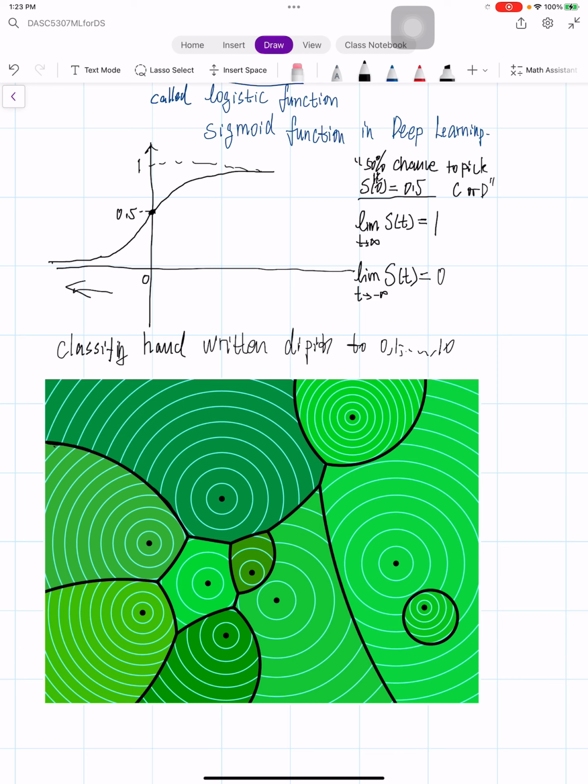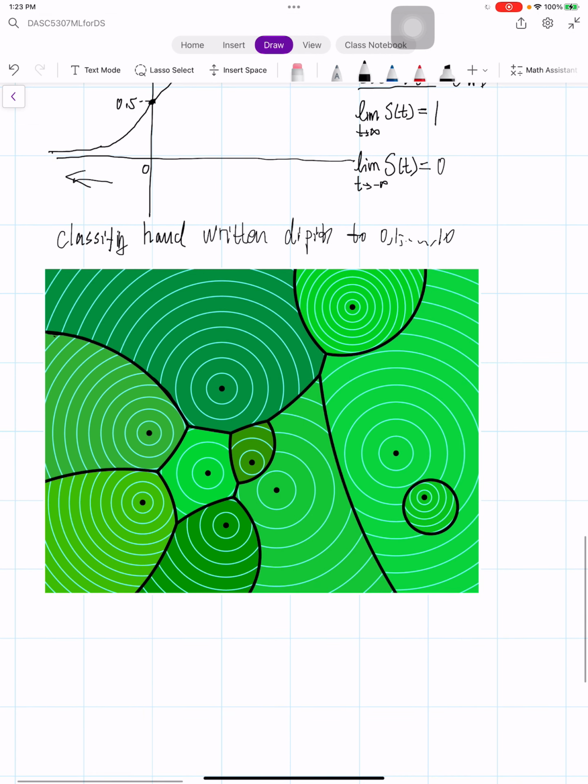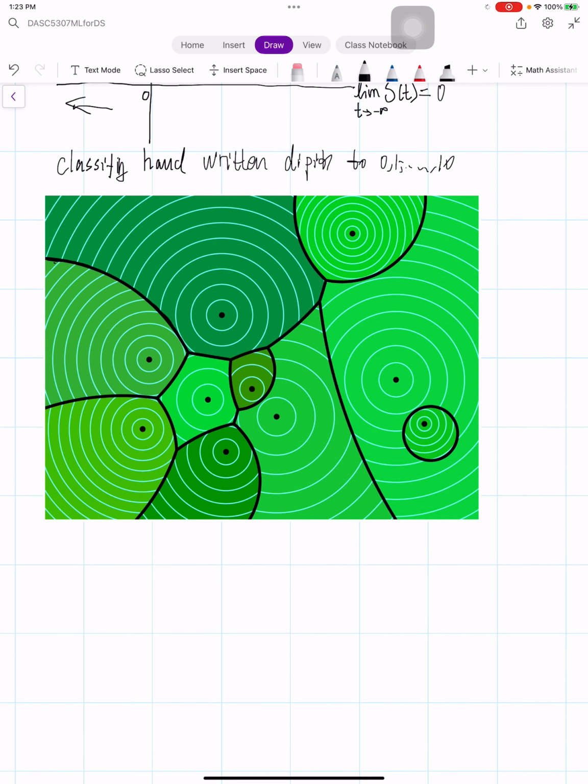It's a special kind of diagram called the multiplicatively weighted Voronoi diagram.